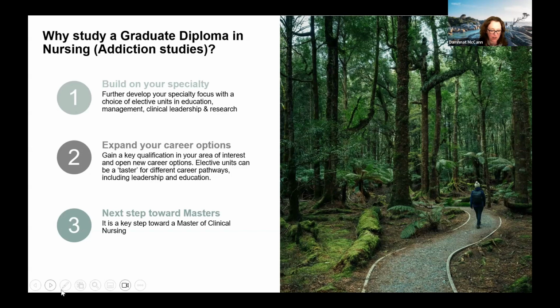Also, we have units that help you to develop your own leadership style. So if you're in a leadership role, then it's really useful for that. It is the key step towards a Master of Clinical Nursing, but it is something we'd see as really important for people that are particularly sitting in those leadership roles within their practice setting and want to broaden their skills and their knowledge.